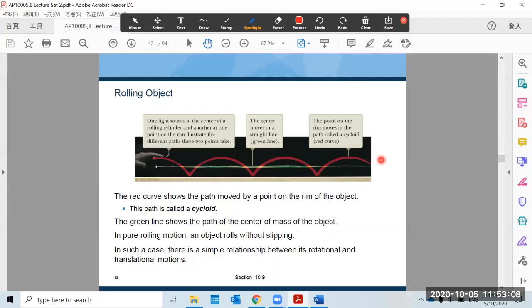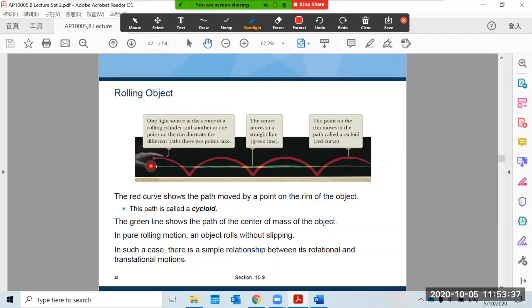If you roll, for example, a metal can or a cone on the surface, the object is of course performing a rotational motion, but at the same time, the center of mass of the cone is moving as well.